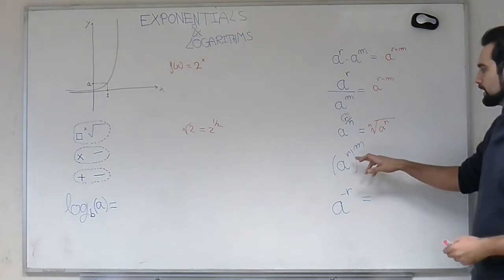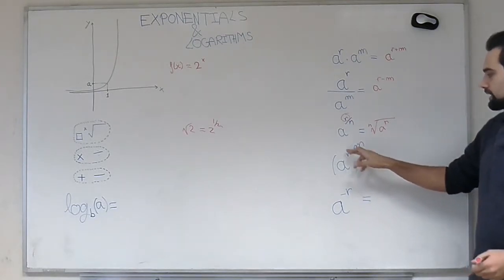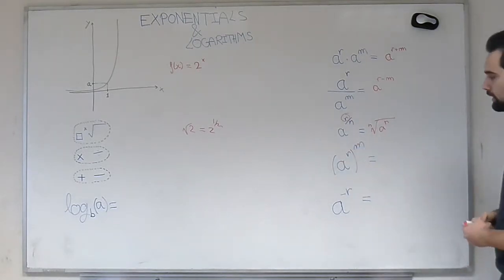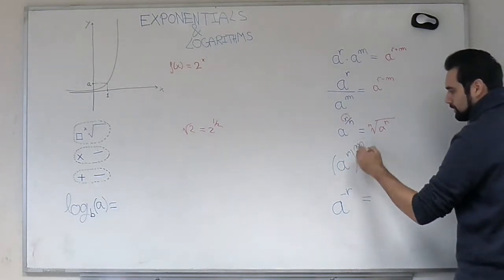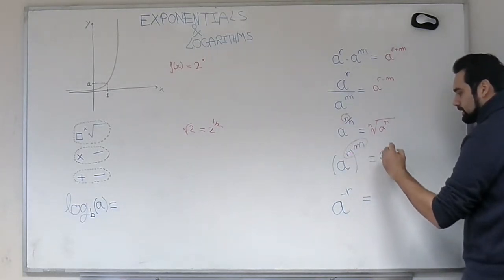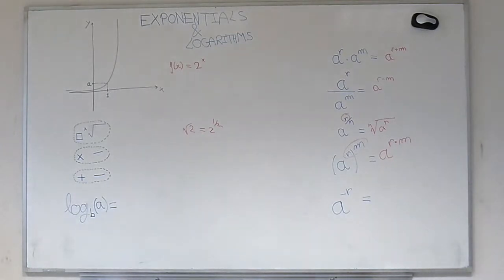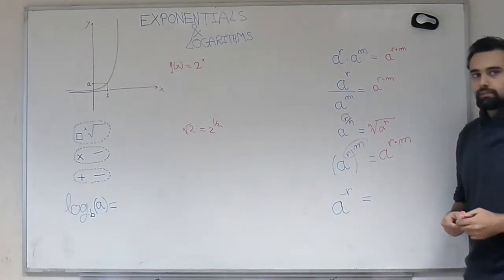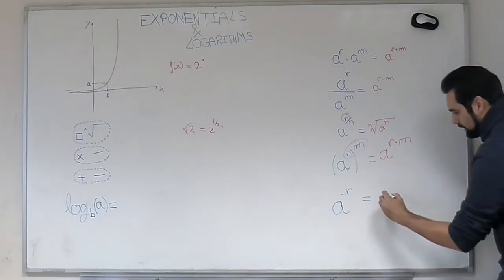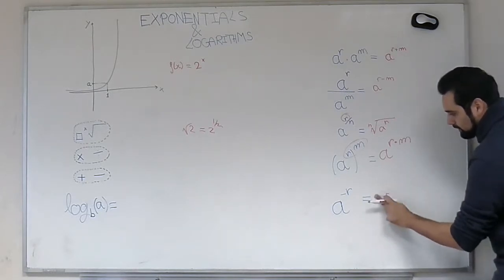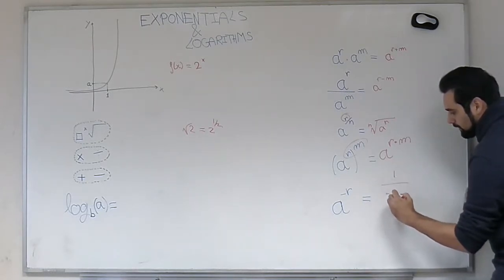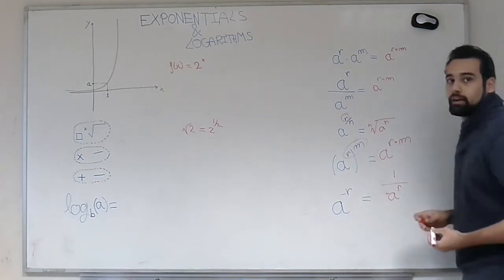Also, if we have a power that is affecting a whole other power, then the exponents end up multiplying. So a to the power of r times m, and if the power is negative, it will end up being 1 over a to the power of r.